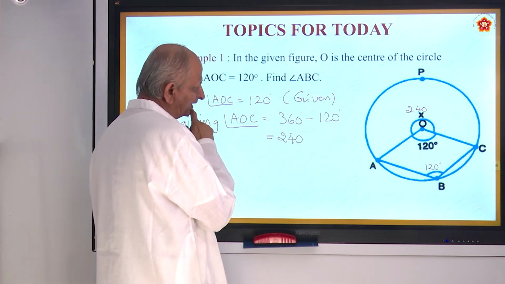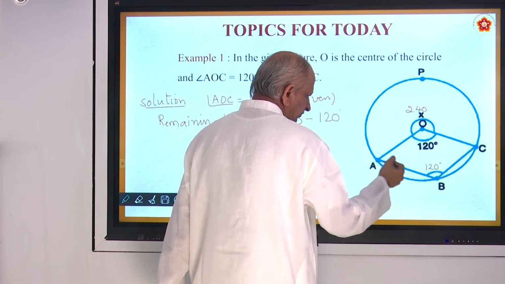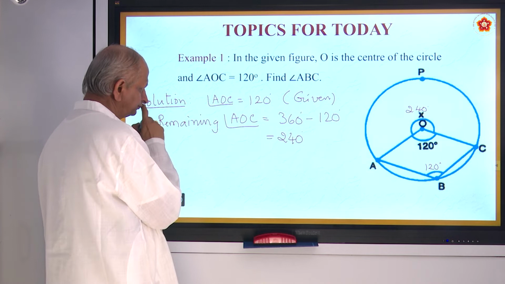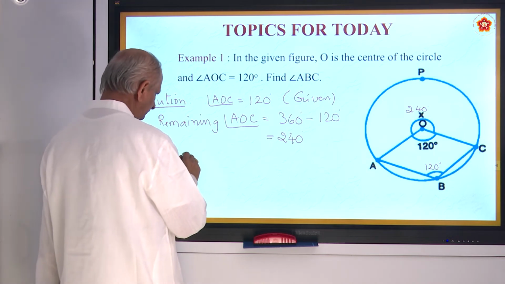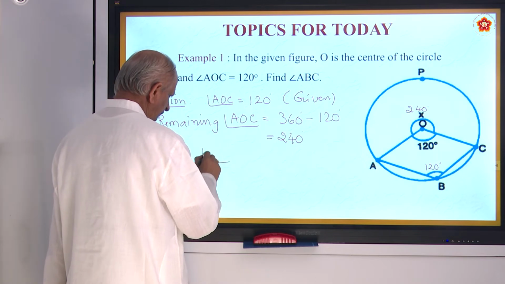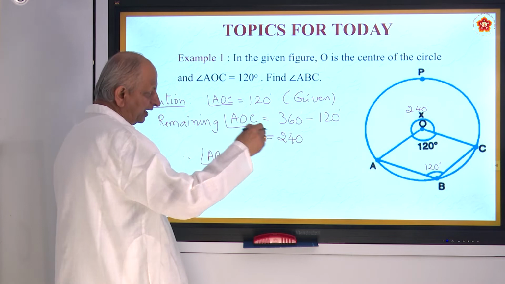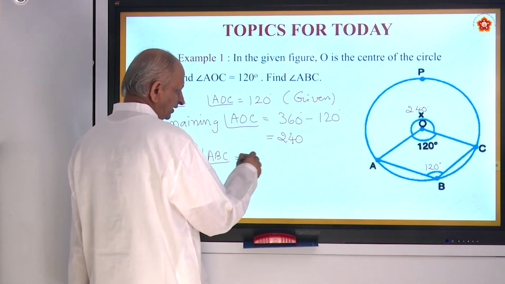And what is the angle at the circumference formed by APC in the remaining part? This is ABC. Is it not? So, angle ABC, that is the angle at the circumference formed by the arc APC in the remaining part.